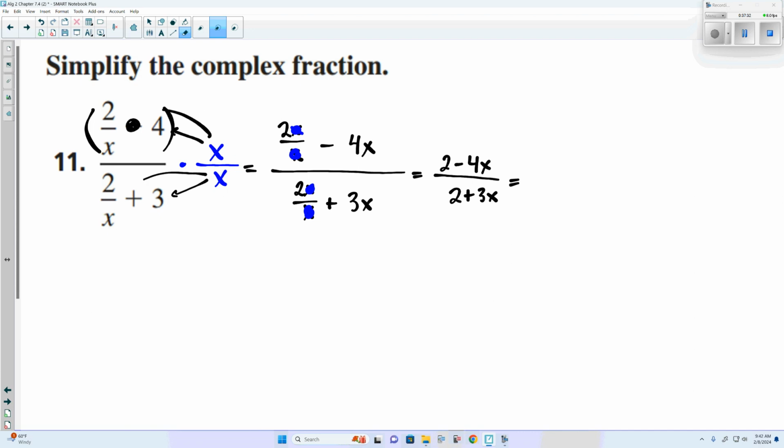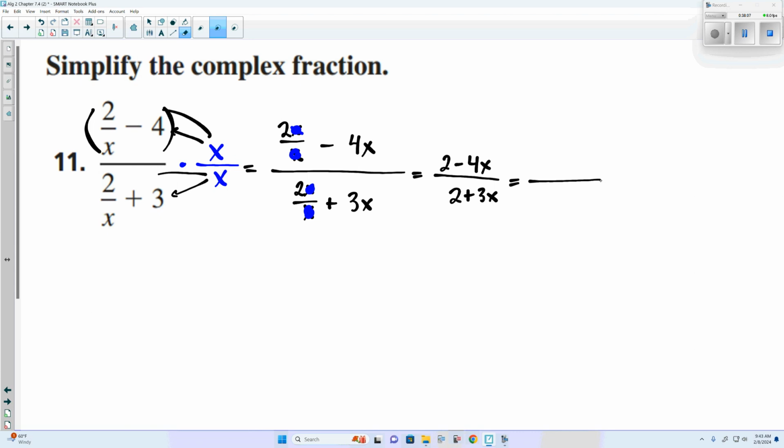Now, if this had been multiplication instead, then it would just reduce to 1, because anything divided by itself is 1. If it had been 2 over x times 4 and 2 over x times 3, then the 2 over x and 2 over x would cancel, and we could just cross it out. But the addition and subtraction is where this changes.